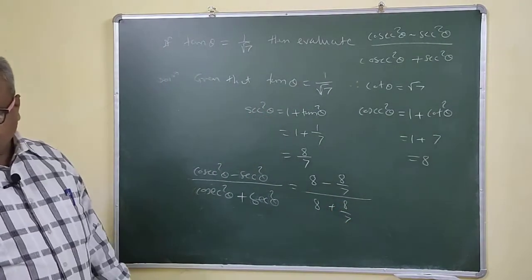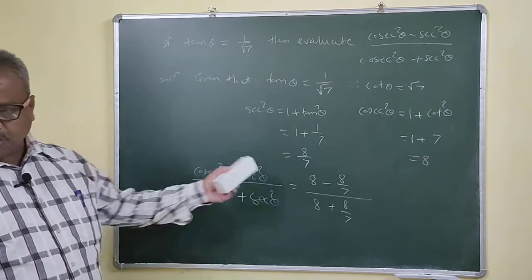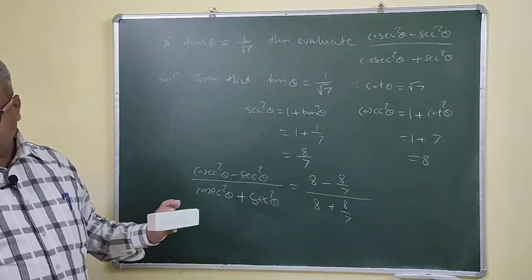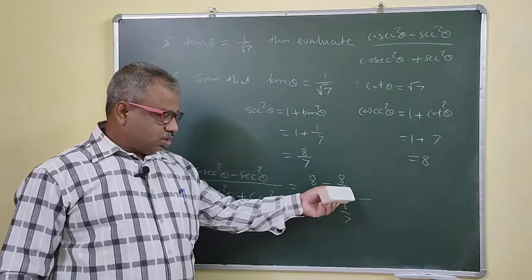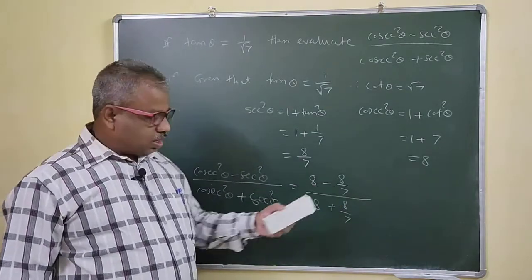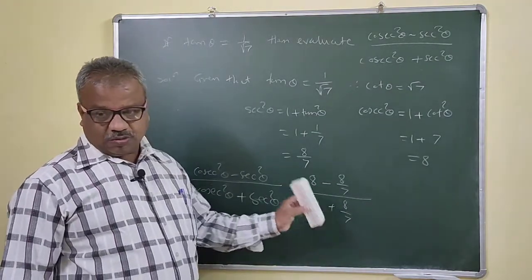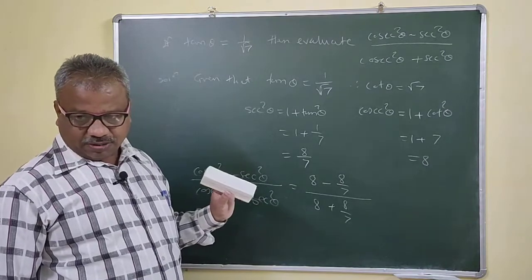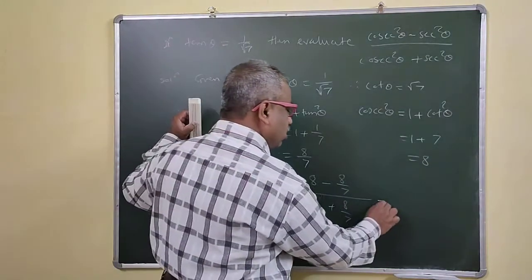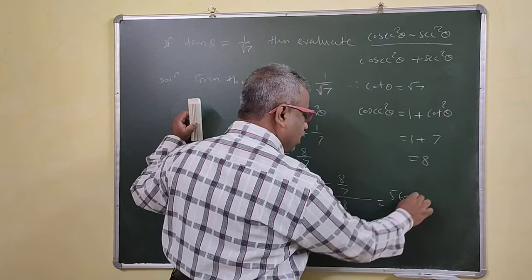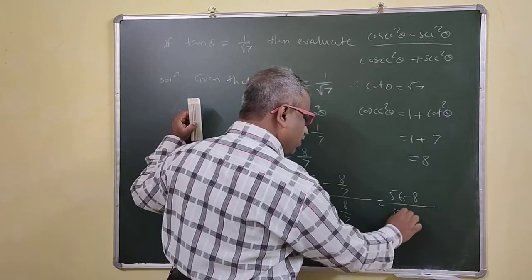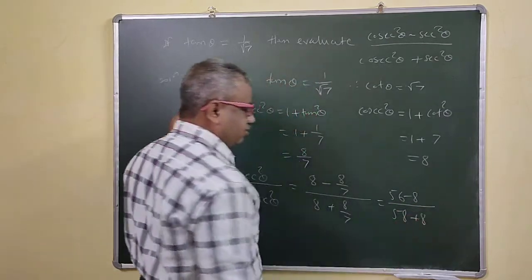So we'll multiply each term of the numerator and denominator by 7, so that the fraction will be removed. So this is then 56 minus 8 upon 56 plus 8.